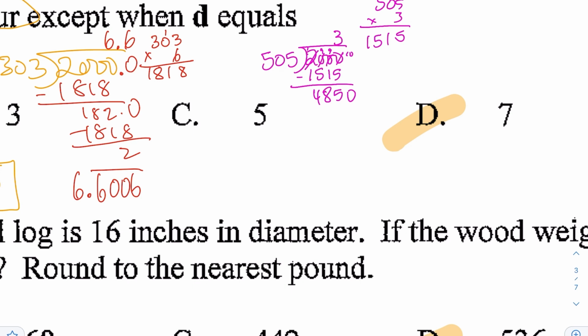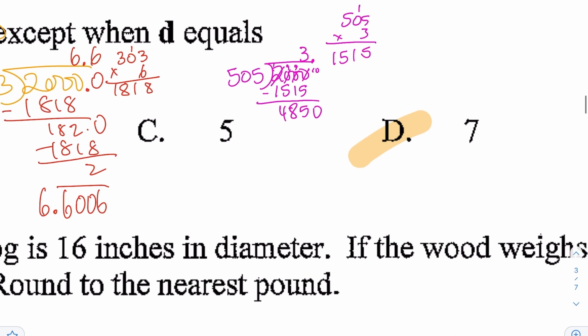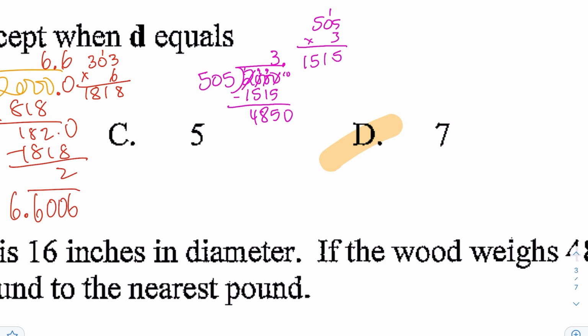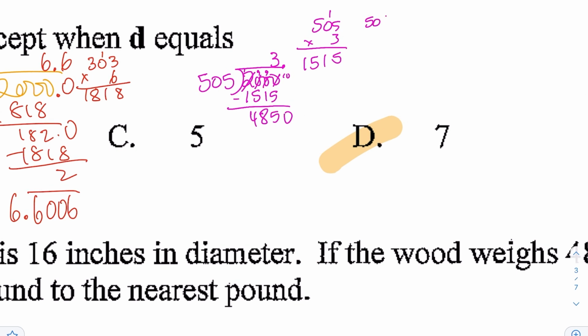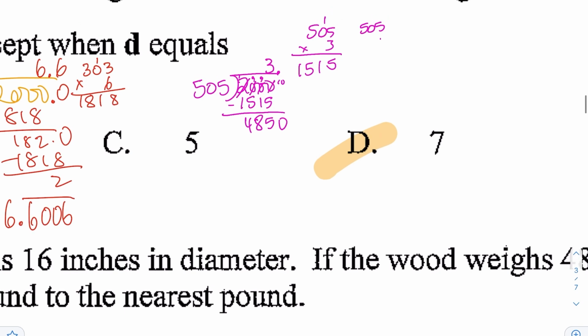I put a 0 down. And 505 goes into 4850. Here you can guess 9 times. You have 45, 45. And subtract.